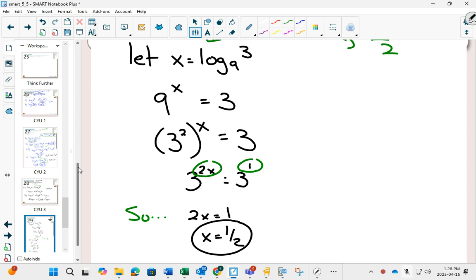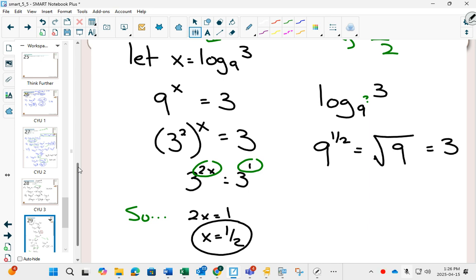How did I know without doing all of that? Right, log solve for an exponent. An exponent of a half is the same as a square root, so the square root of 9 is the same as 3.